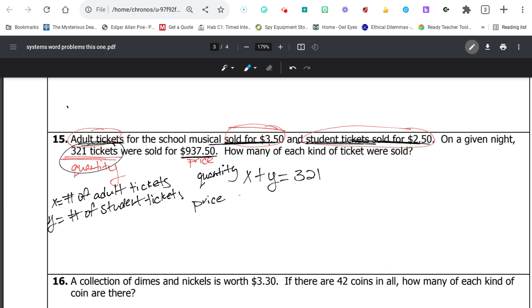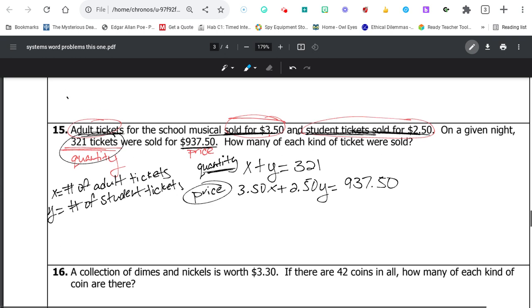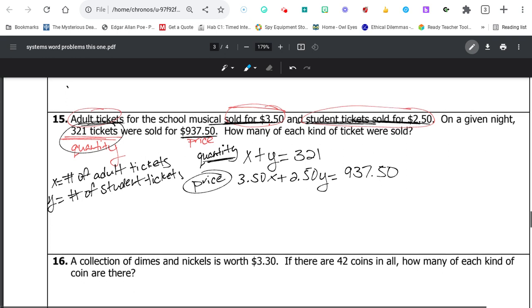So that would be 3.50X plus 2.50Y equals the price of $937.50. It just put one part of the price equation in one sentence and the other part in another sentence. But don't let that fool you. Just make one price equation and one quantity equation if you have it like this, okay?